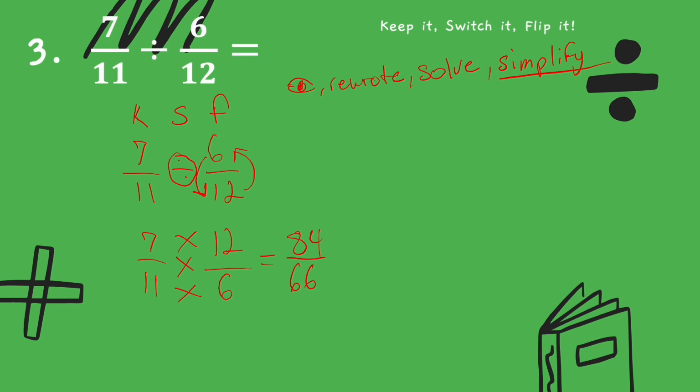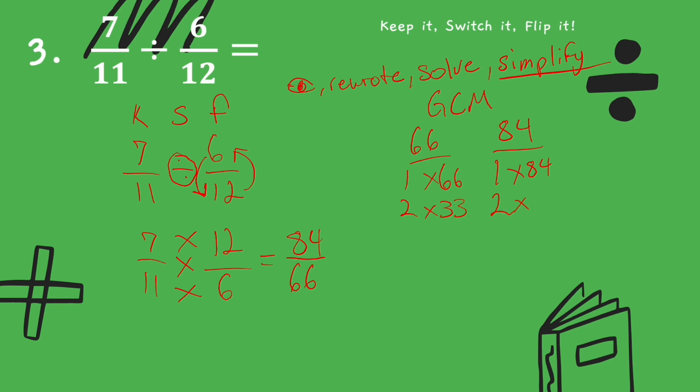So to start simplifying, let's find our greatest common multiples. So we are looking for 66 and 84. Starting with our multiples of 1. 1 times 66 is 66. 1 times 84 is 84. Multiples of 2. 2 times 33 is 66.